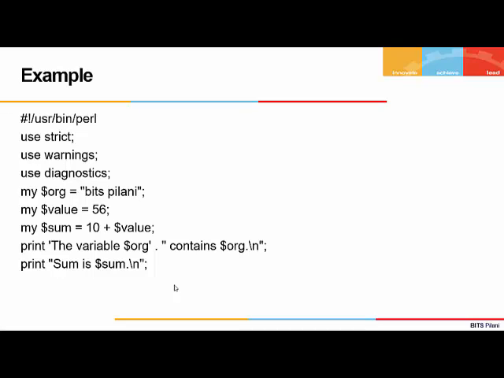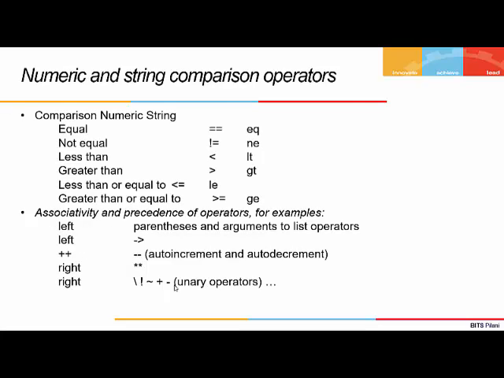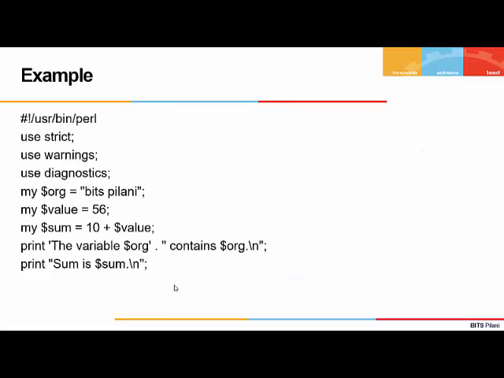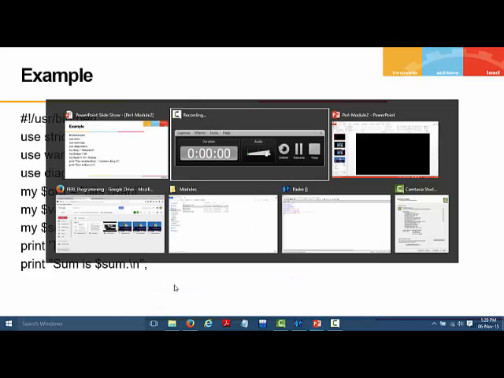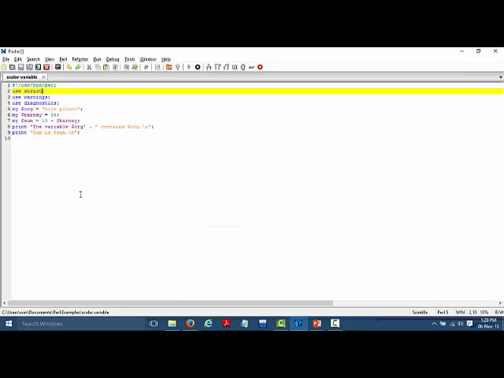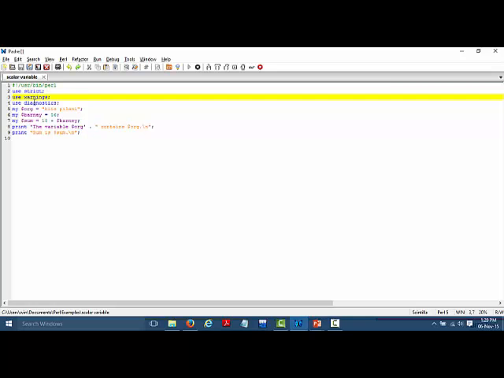We will run this example now. So as I said, this is the first line, the shebang, and after that we use the packages: strict, warnings, and diagnostics.